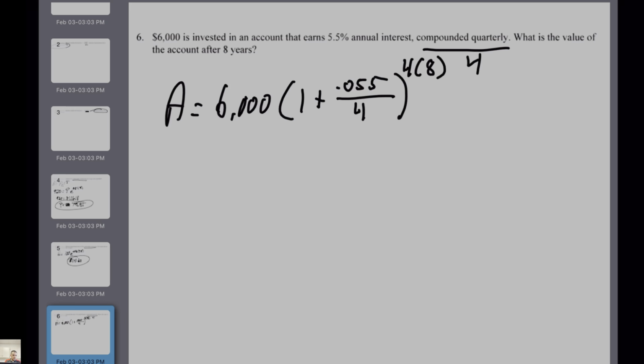So I always just do the 0.055 divided by 4 plus 1. Take that to the 32nd power, since 8 times 4 is 32. Take that times 6,000 on a calculator, and you get $9,288.40. Nope. Should learn how to round. 36 cents. Or approximately.